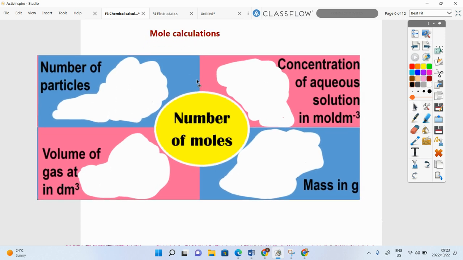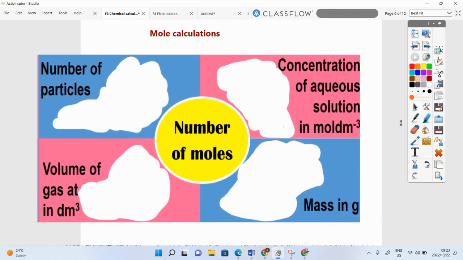Now for the mole calculations, guys, there's only 4 calculations that you can have ever until matric. Yeah, they're going to give you one of these 4 things, and your job is to go and change it into moles.